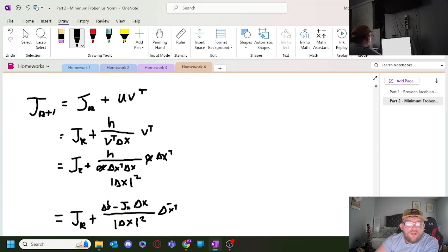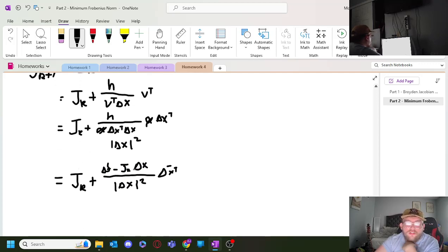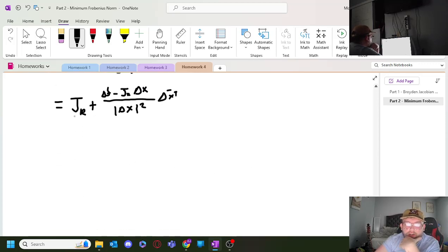So, now we solved it to show that the theory works. Now, let's take that minimizing idea, where we're going to minimize this function, J sub k plus 1 minus j sub k.